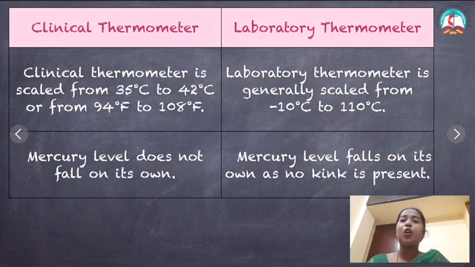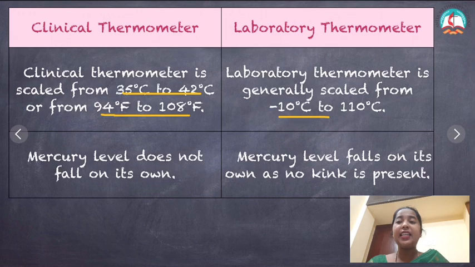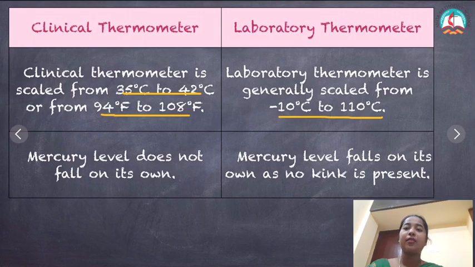Look at this tabular column. This is the difference between the clinical thermometer and the laboratory thermometer. A clinical thermometer is scaled from 35 degrees Celsius to 42 degrees Celsius, or from 94 degrees Fahrenheit to 108 degrees Fahrenheit. A laboratory thermometer is generally scaled from minus 10 degrees Celsius to 110 degrees Celsius.